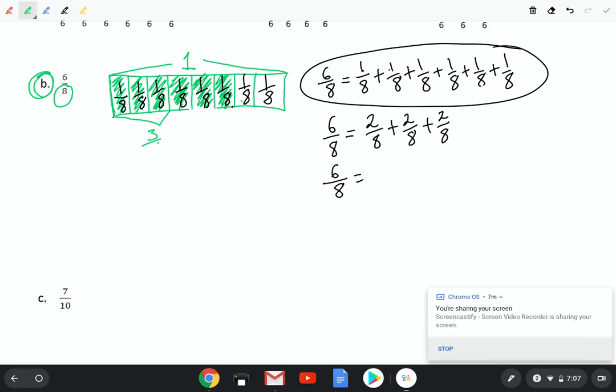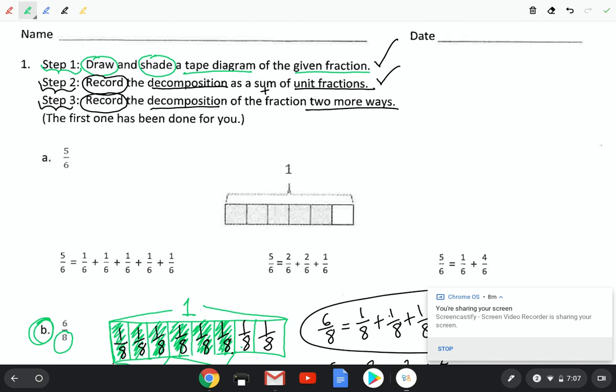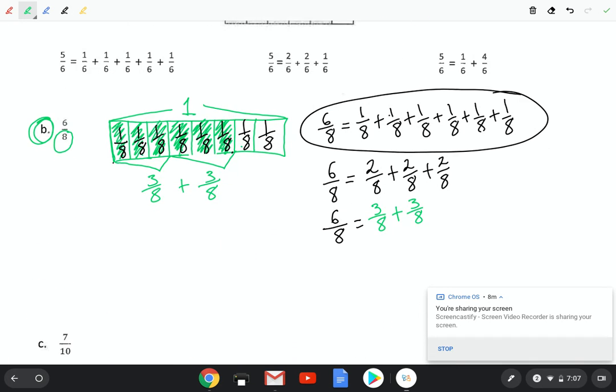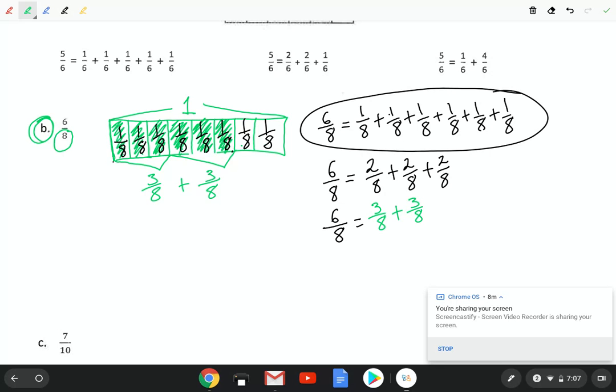So that would be 3/8, and then I have 3 left. That could be the other addend. And isn't 3 plus 3 6? 6/8. So 6/8 equals 3/8 plus 3/8, or 3/8 plus 3/8 equals 6/8. And that would be it for step 3, recording the decomposition in 2 more ways. So we are done. That would be it for number 1.